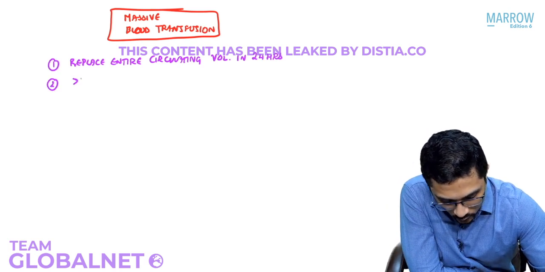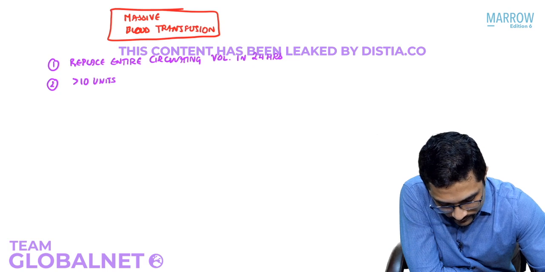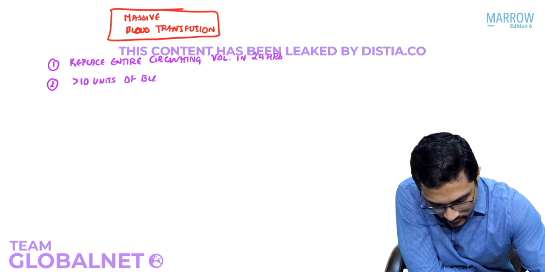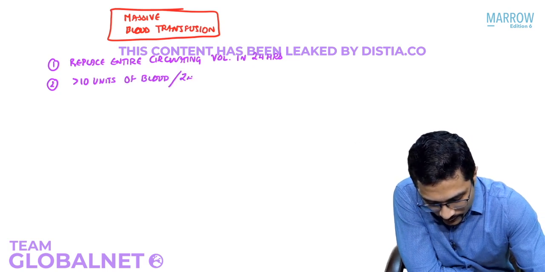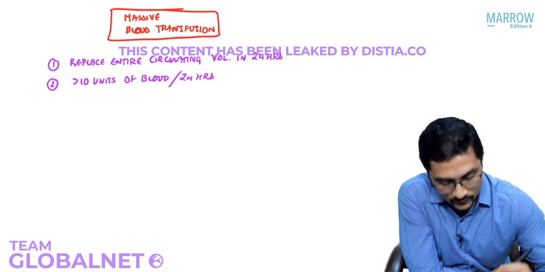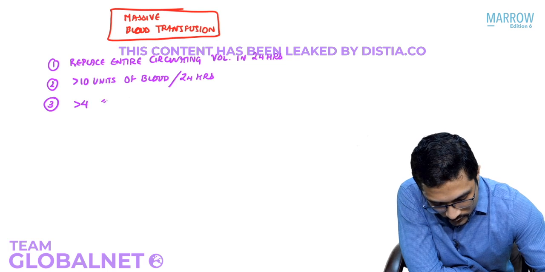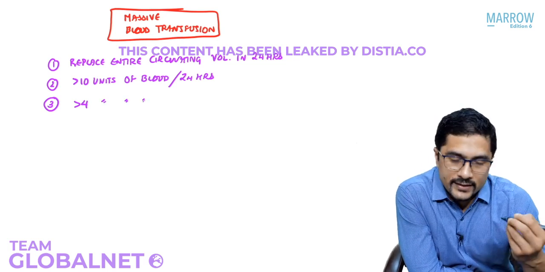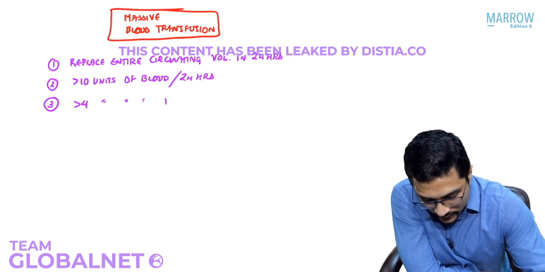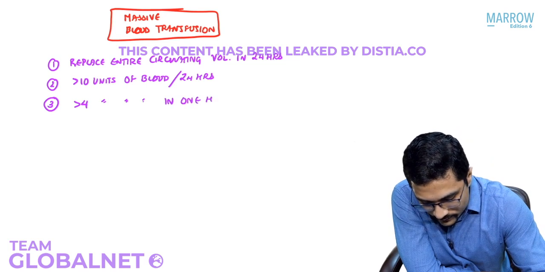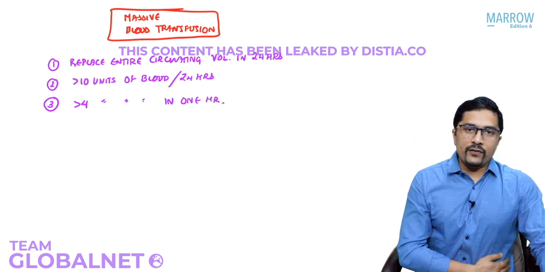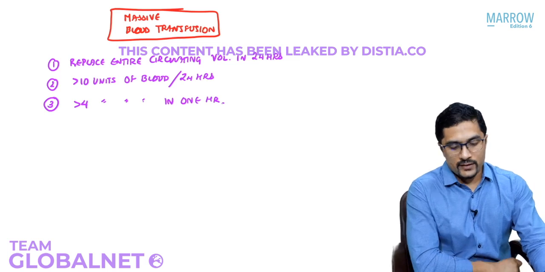Or if more than 10 units of blood are given in 24 hours, that is number two. And number three is if more than 4 units of PRBC or blood products are given in 1 hour. So these are three definitions which you need to remember for massive blood transfusions.